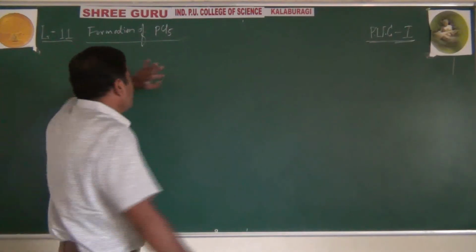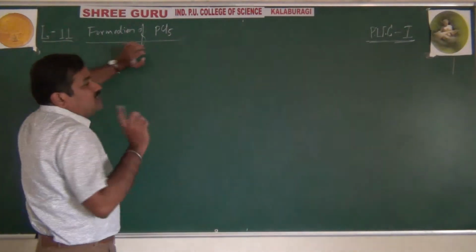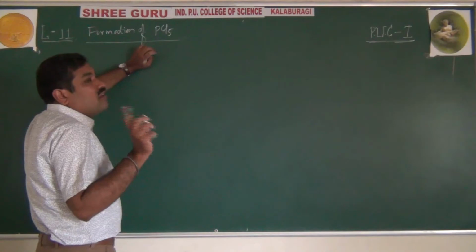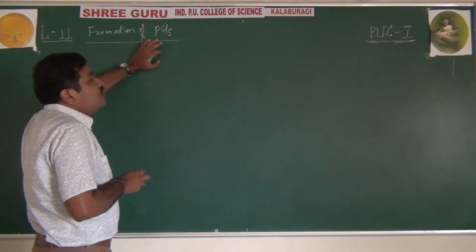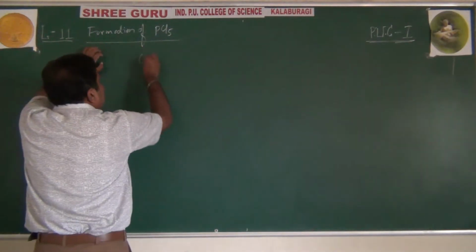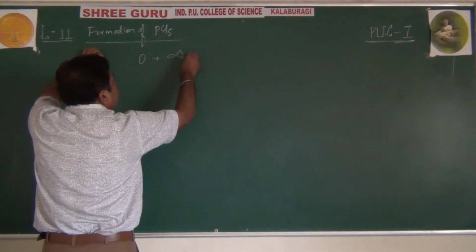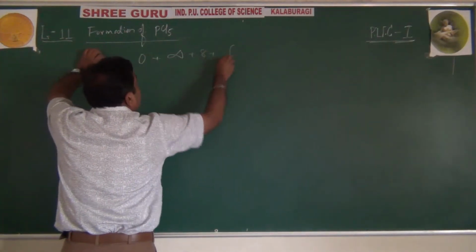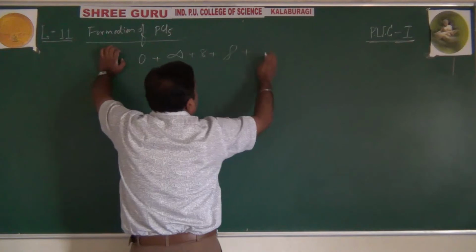Remember, because the d orbitals are highly complicated, we cannot give this combination. 1 s, 3 p means px, py, pz, and 1 d.